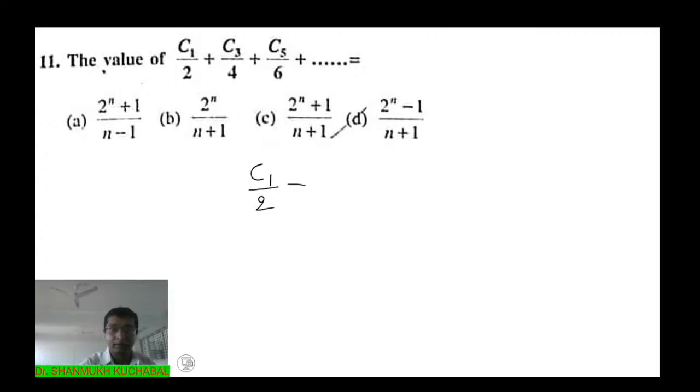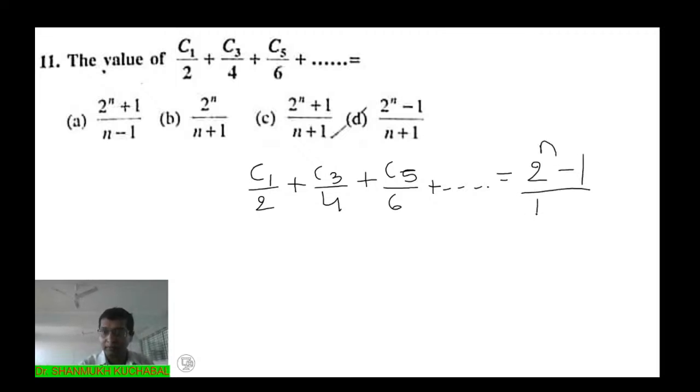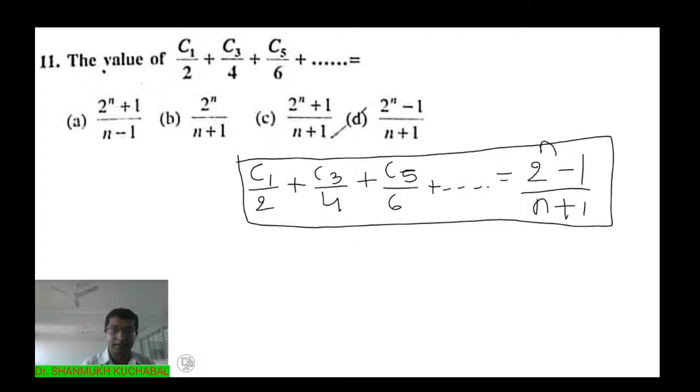C1 divided by 2, C3 divided by 4, C5 divided by 6 up to infinite number of terms or n terms. This is given by the formula 2 raised to n minus 1 divided by n plus 1. So it is one of our important formulas you have to remember. Okay, so option D is the right answer.